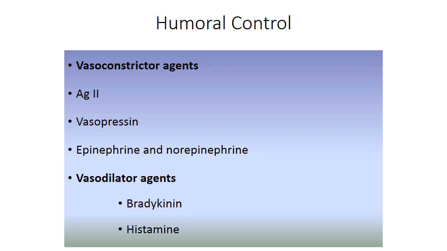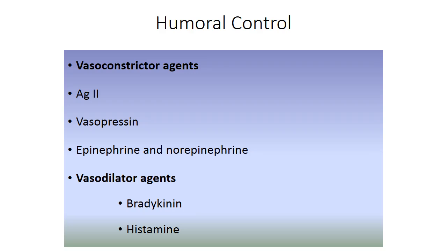Vasopressin is secreted from the hypothalamus and then the posterior pituitary, and the posterior pituitary releases vasopressin, and vasopressin can increase blood pressure by more than 60 millimeters of mercury.